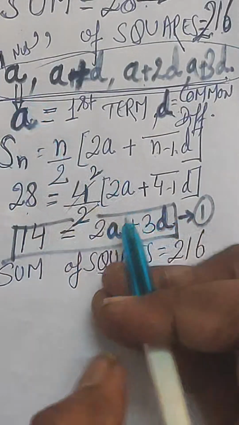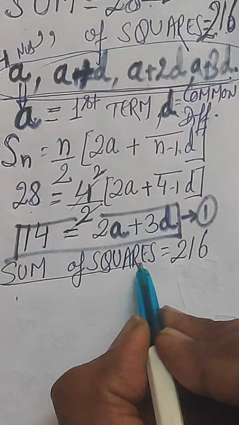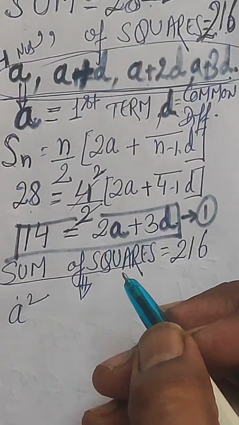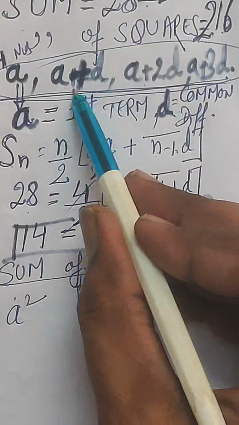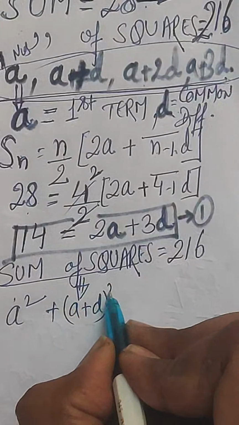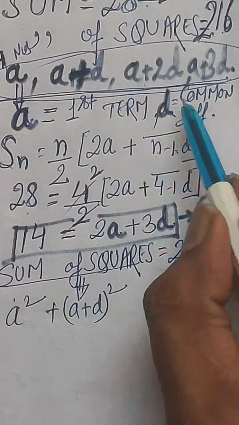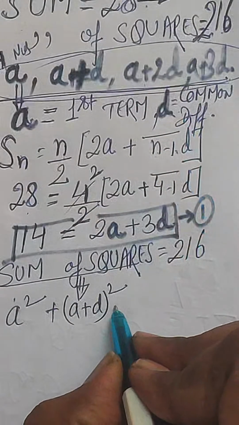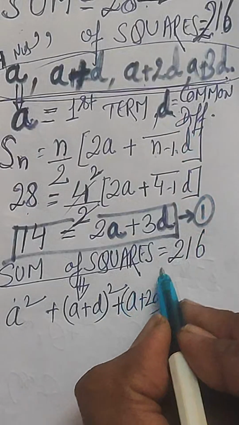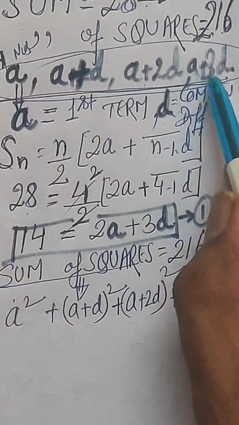A. The square of the first term will be A square. The square of the second term will be A plus D whole square. The third term is A plus 2D, so its square will be A plus 2D whole square. The fourth term is A plus 3D.